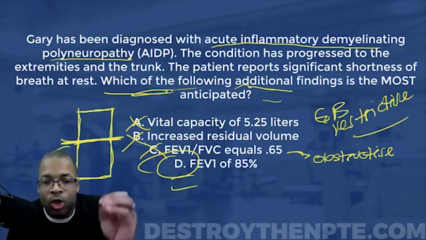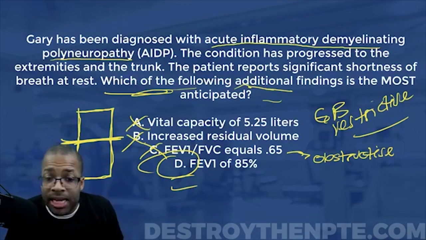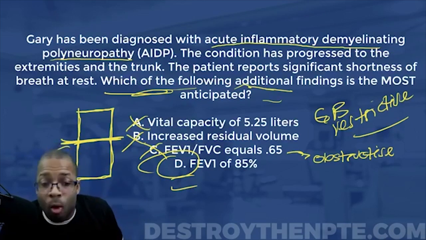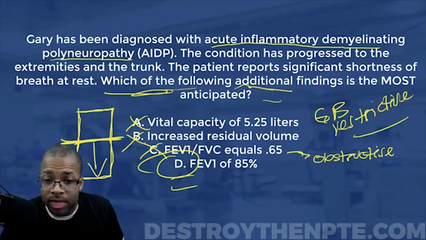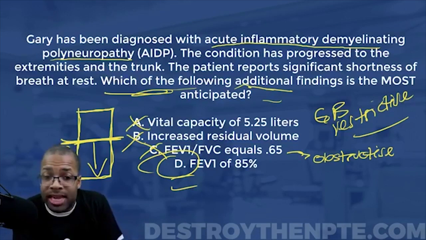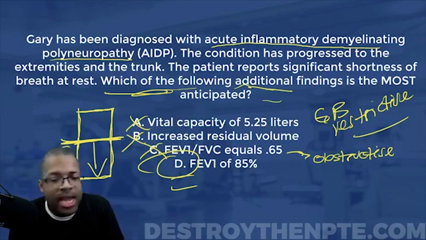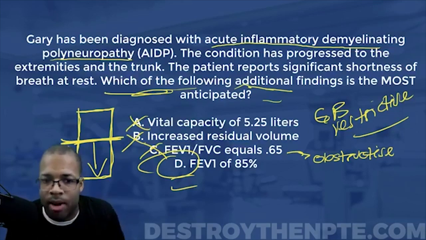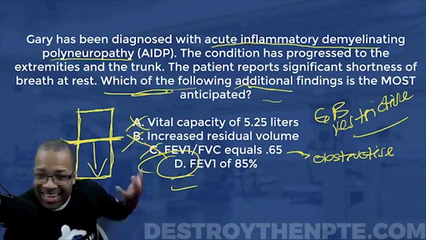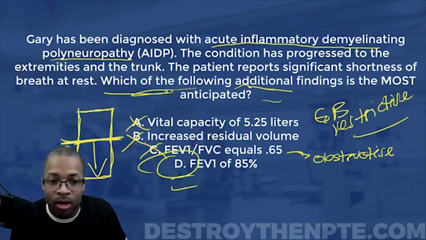So here's the deal. Do you believe that you're going to be able to get more of that air out now in 1 second? The answer should be yes. I should be able to get more of that air out in 1 second because there's less to get out. So of course it's going to be a higher percentage, because now I'm able to get out a lot more air because there's not as much air inside the lung tissue anymore.